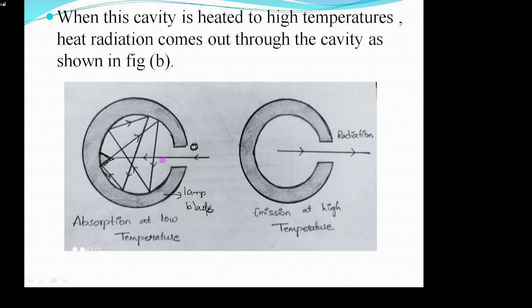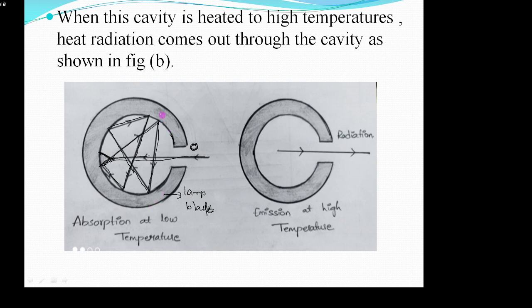So when radiation enters into this black body, it suffers multiple reflections inside the black body and gets absorbed. This absorption of radiation takes place at low temperatures.